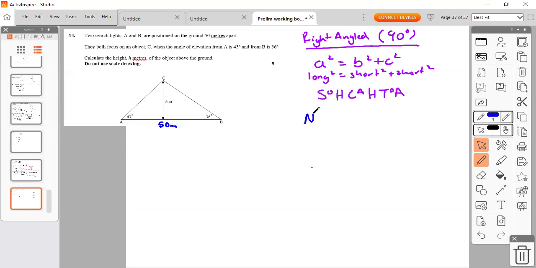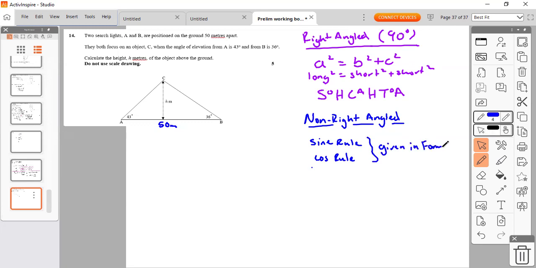For non-right angled triangles, when none of the angles in the triangle equal 90 degrees, we've got the sine rule and the cos rule. They are both given in the formula sheet.